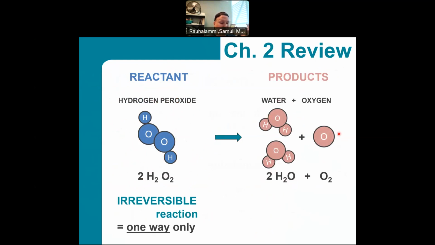So if you have a jar of hydrogen peroxide and you leave it open in room conditions, over time, the hydrogen peroxide will slowly start to turn into water and oxygen.